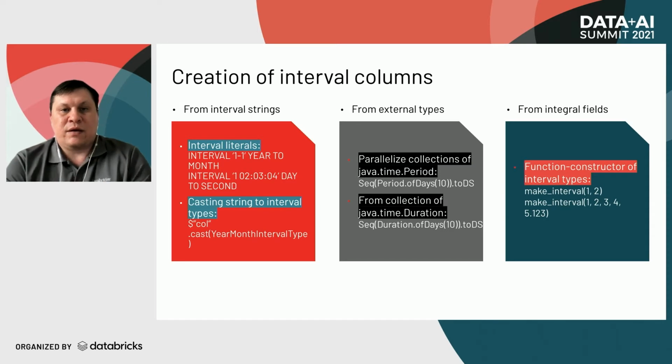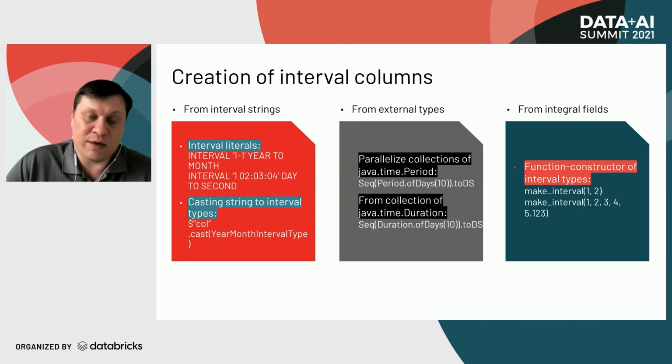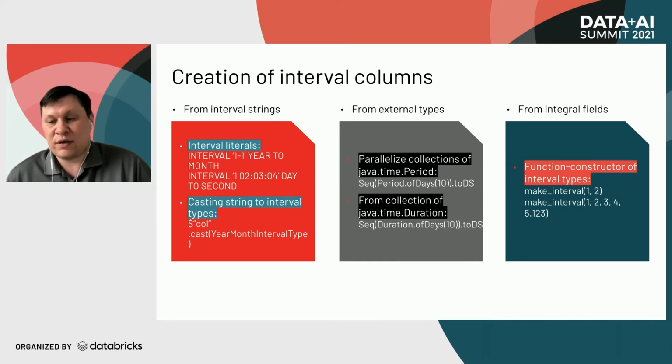Regarding daytime interval, Spark accepts Java time Duration class values. Because Duration internally supports seconds precision up to nanoseconds, but Spark internally supports only microsecond precision, we just cast and round second fractions to microseconds.